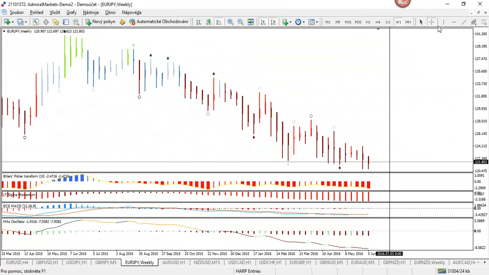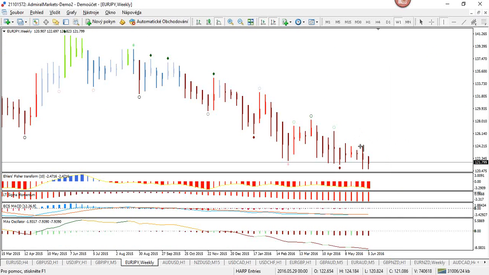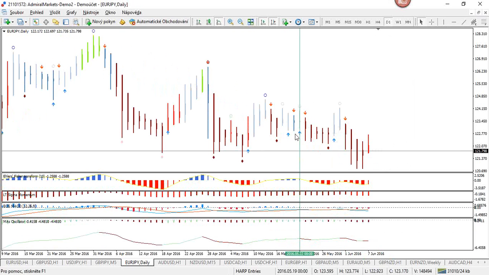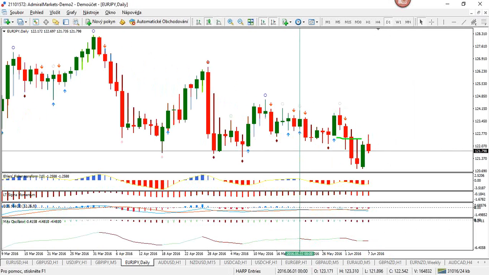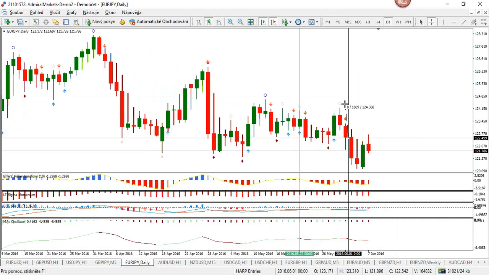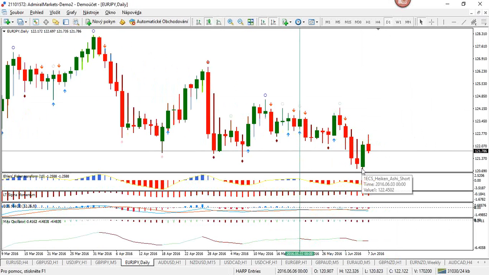Let me check to be sure where the trend is. All right. Right here, this candle. So that would have been the entry. Stop loss above the candle high or above the fractal right there. And you get a 1-to-1 or 2-to-1 maximum trade, depending on where the target is.